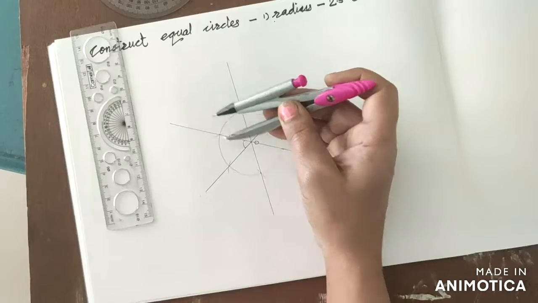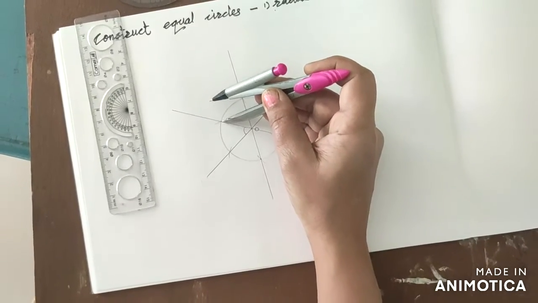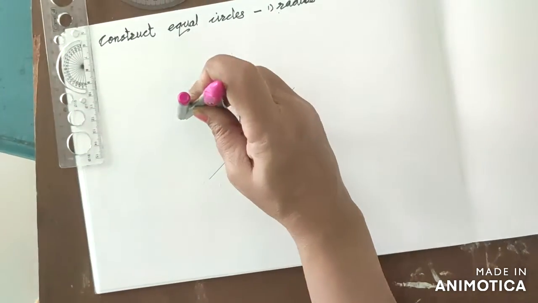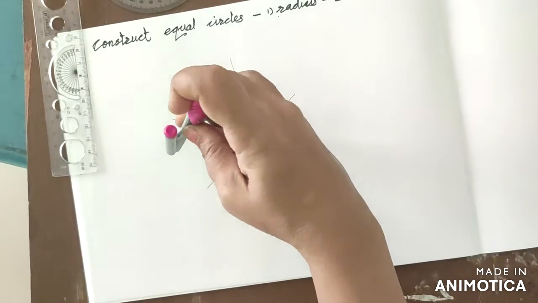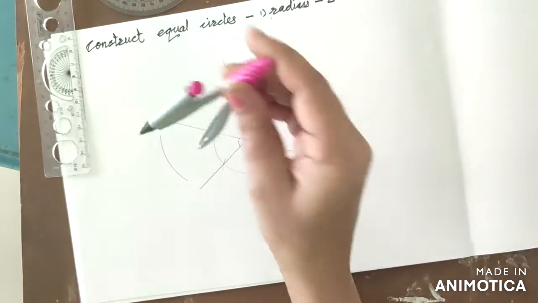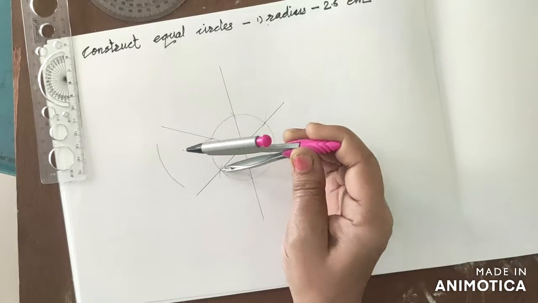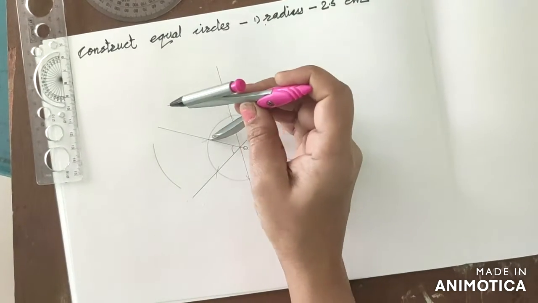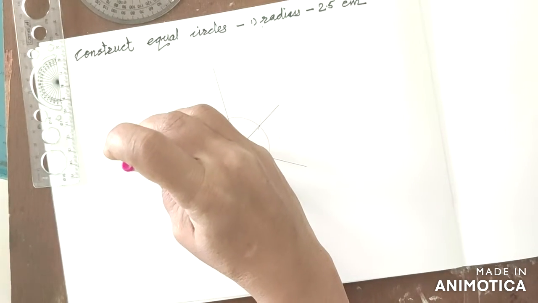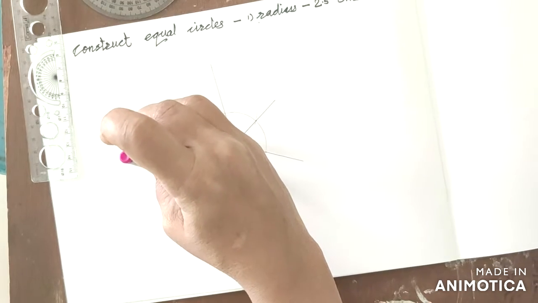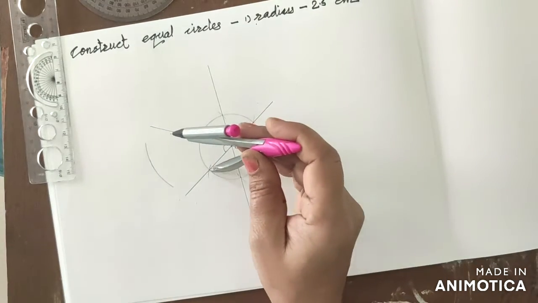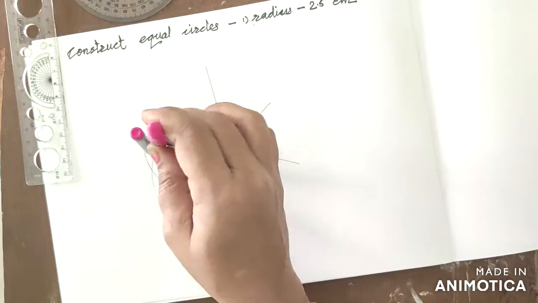We need one arc here. So already we have 2 points, so no need to draw more arc like that. Do in this way.